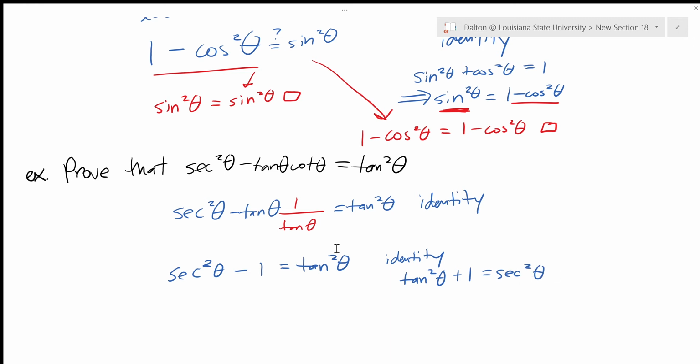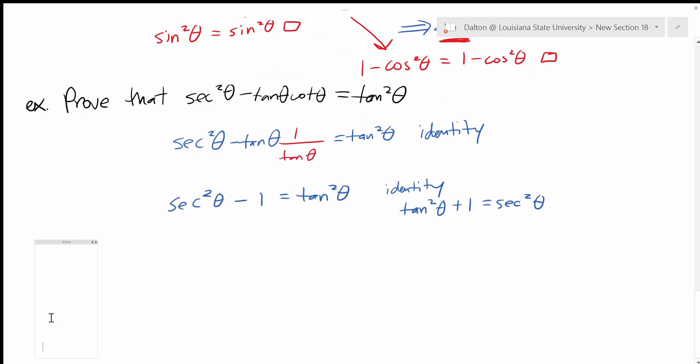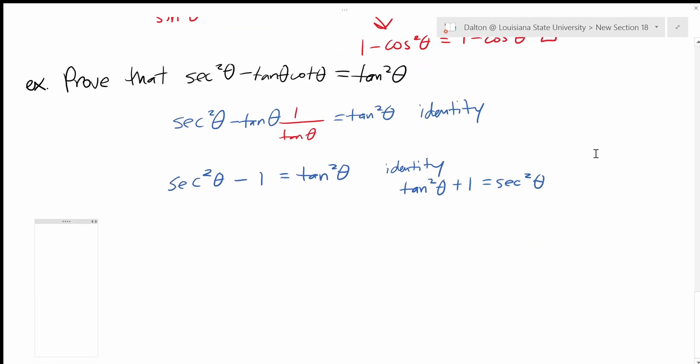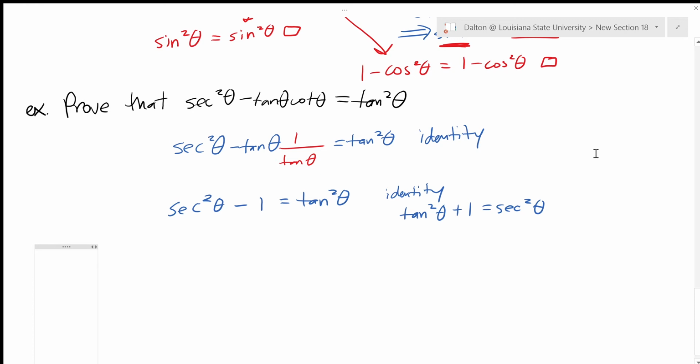Since that identity cannot be directly substituted the way that it is written, on the side you need to show the algebra behind that Pythagorean identity to finish your proof. If we subtract 1 from both sides, that implies that tangent squared theta is equal to secant squared theta minus 1.